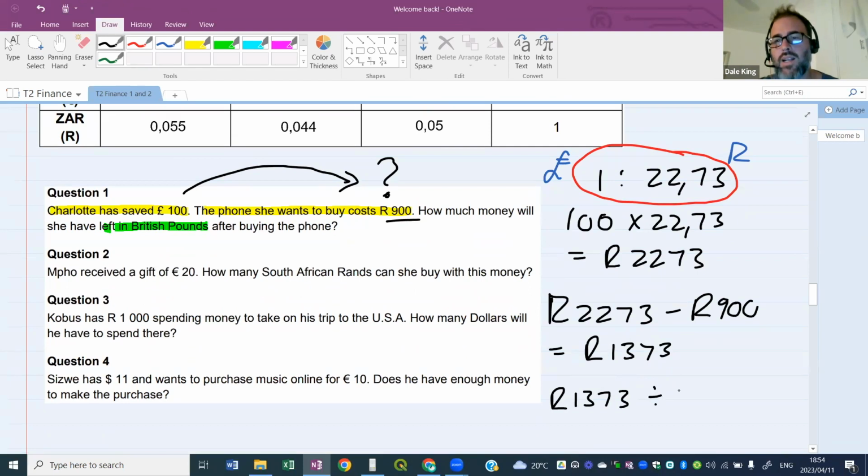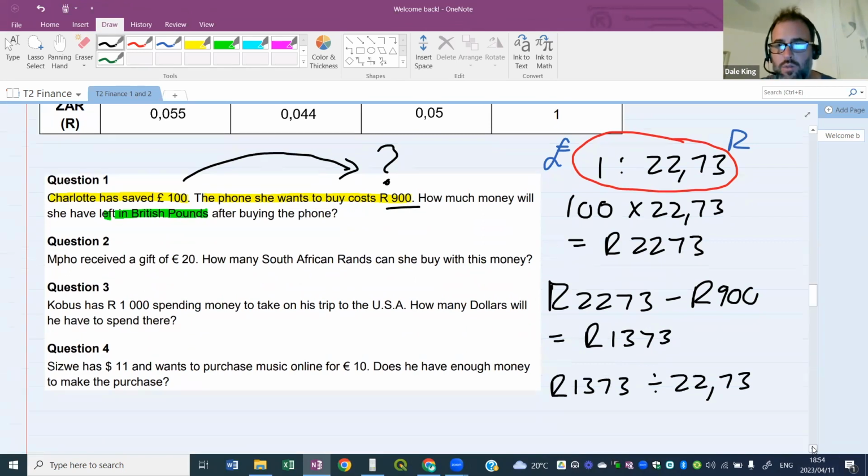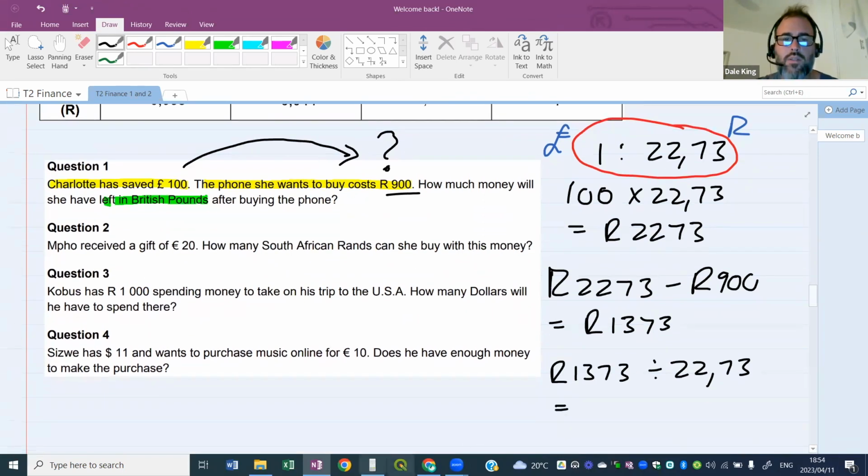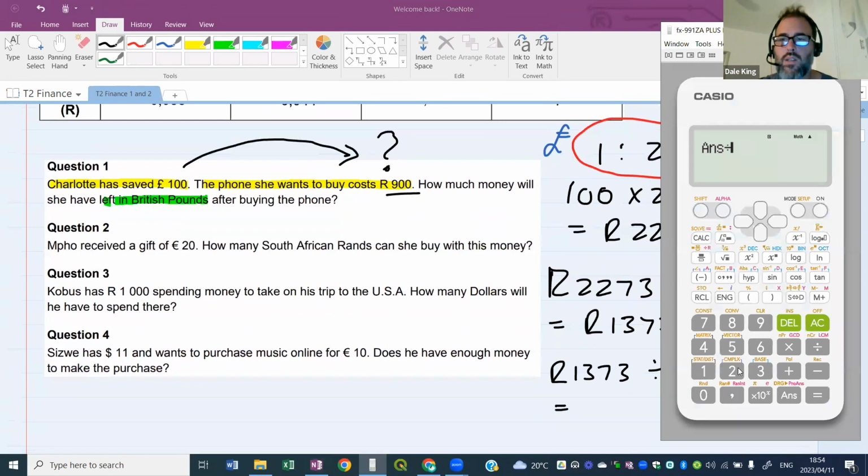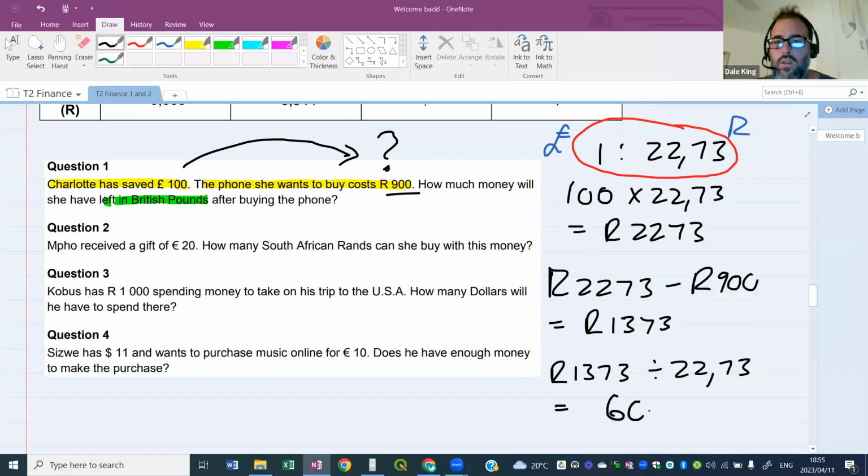I cut it up. I want to see how many 22,73s I have because each one of those is a pound. So divide that by 22,73. 60,40475. Second decimal is a 0, 4 will not change it, so it's 60,40 pounds.